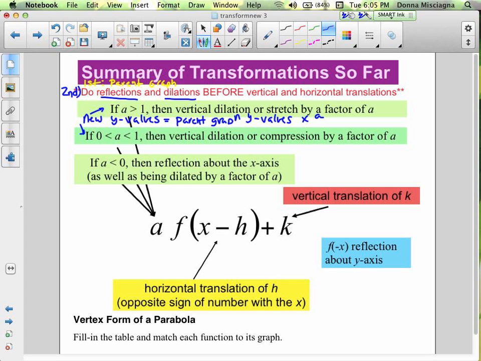If A is between 0 and 1, then we have a vertical compression. So in this case, where we have a vertical stretch, our graph is skinnier. Where A is between 0 and 1, we have a graph that is wider.